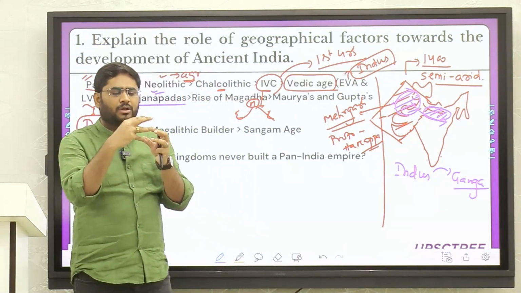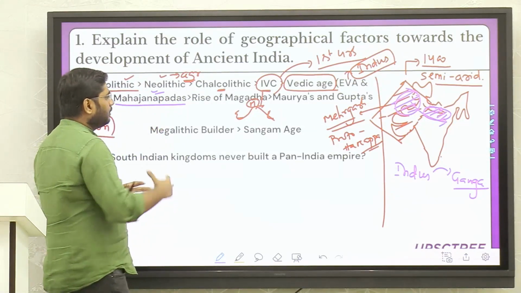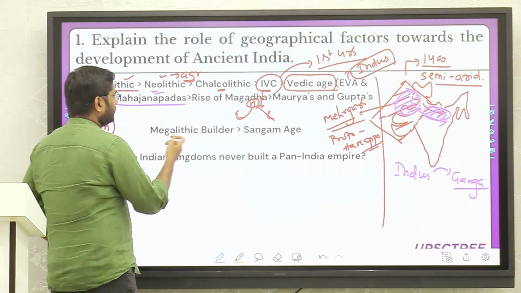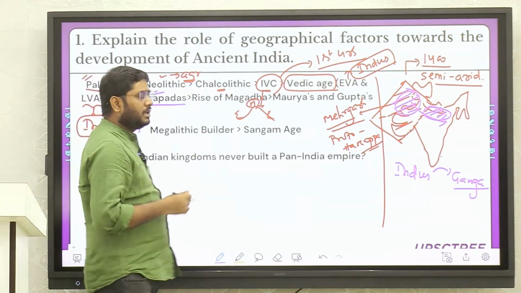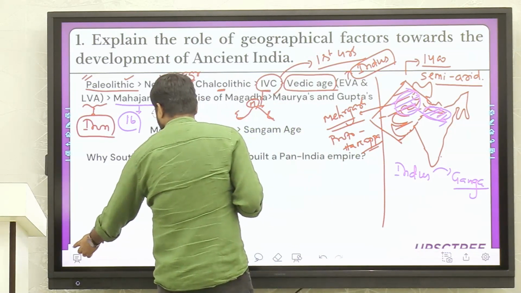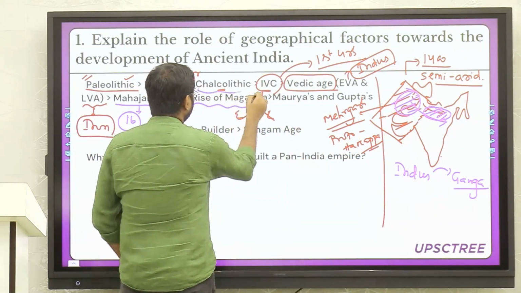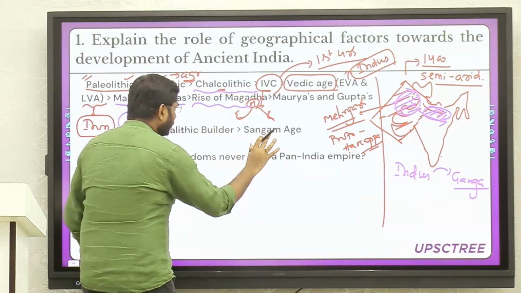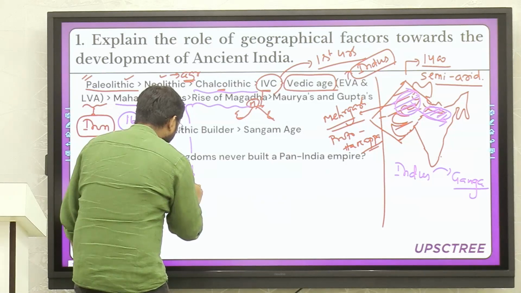That means small groups are becoming bigger and bigger. In Mahajanapada, we will see the emergence of large states. We have around 16 Mahajanapadas. But see, there is also an importance of geography. Out of the 16 Mahajanapadas, we will see the rise of Magadha, because Magadha will subdue the others, and for the first time we see the emergence of a Pan-India Empire.